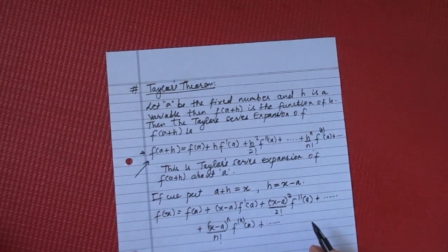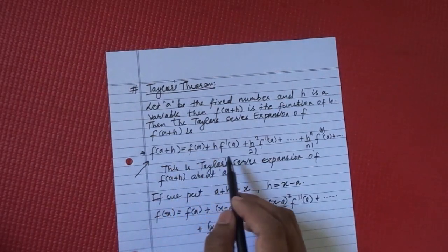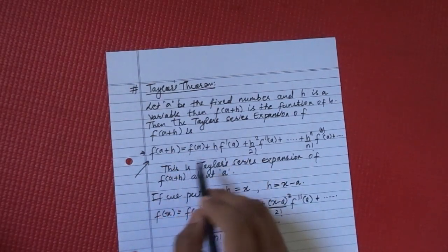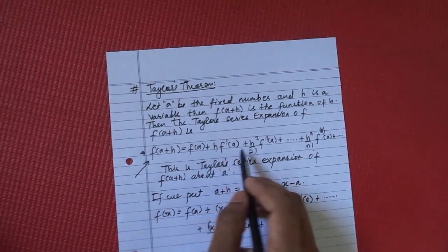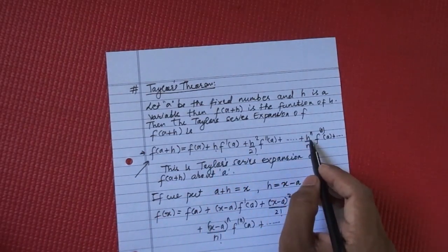up to infinity. So this is also known as Taylor series expansion, but the difference is the above series is in the power of variable h. You can see that everywhere there is h, h square, h cube, h raised to n.